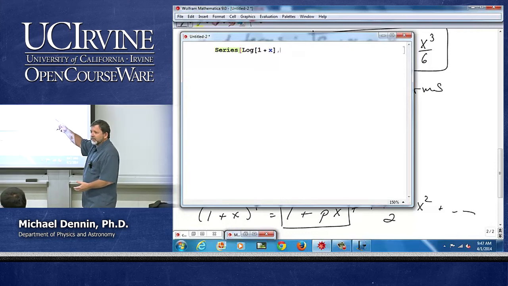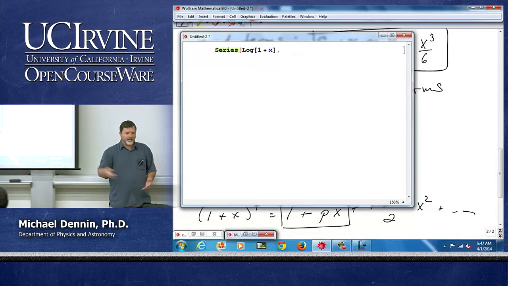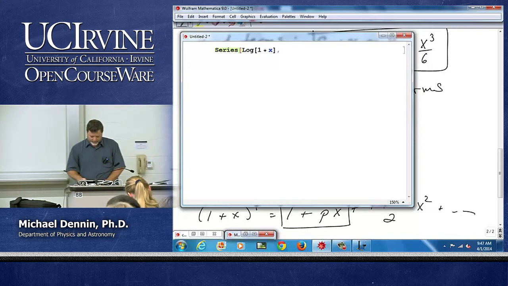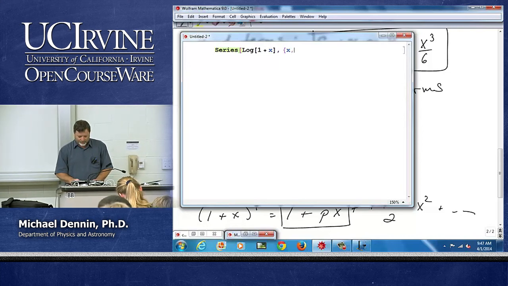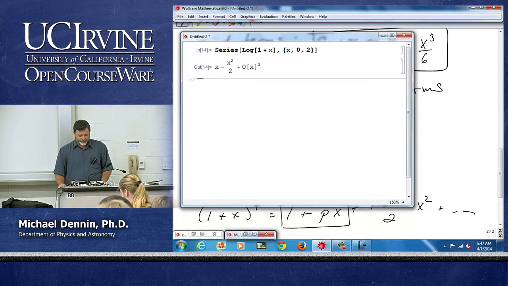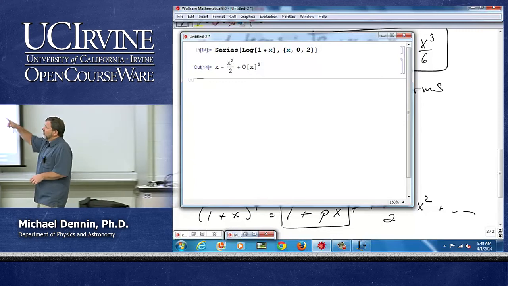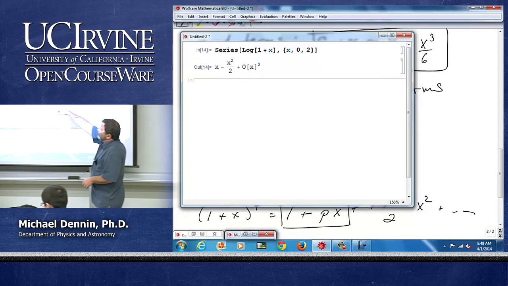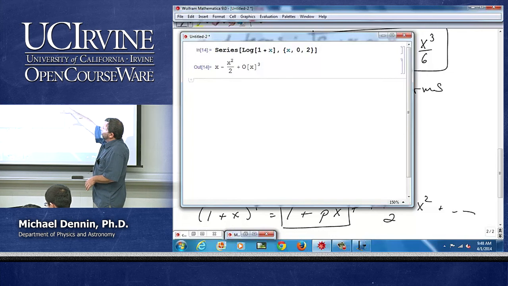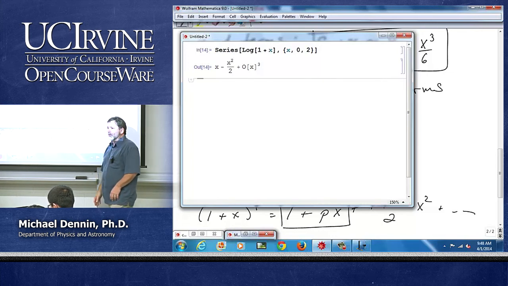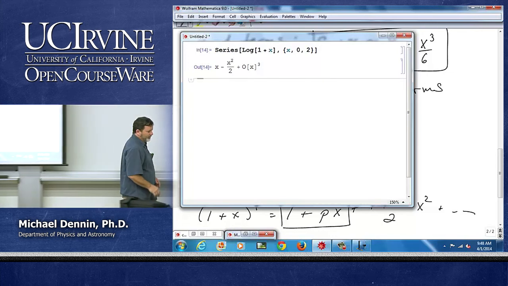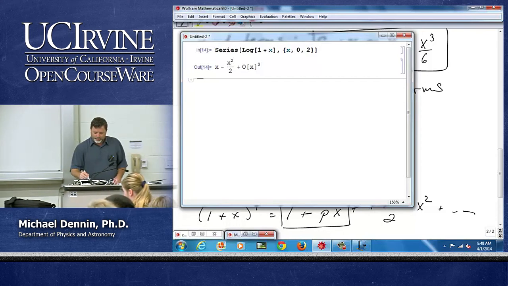So Log in Mathematica is the natural log. And we're going to do x. We're going to expand about 0. And we'll go 2 terms just because that's the one I'm not sure I got right. I did get it right. And so you get what Mathematica will tell you, the 2 terms you want, and then it reminds you that the next term is order x cubed.